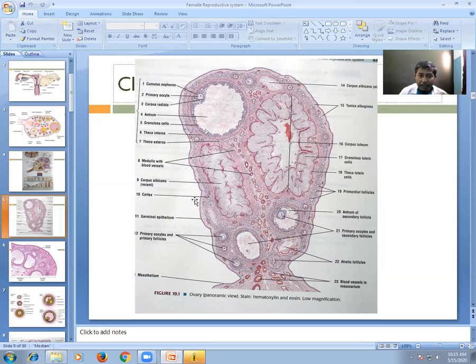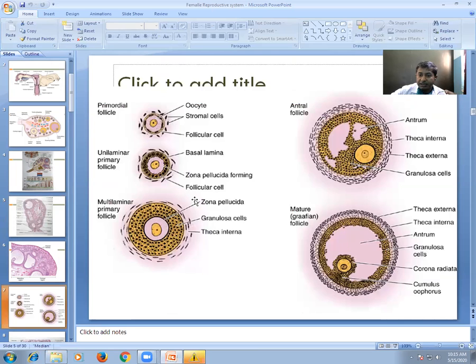What is found in the mature graafian follicle? This is the structure of the mature graafian follicle. Going from outside in: theca externa, theca interna, then the follicular cells, then the antral cavity, and the primary oocyte inside. The primary oocyte is shifted towards one side because of the cavity.